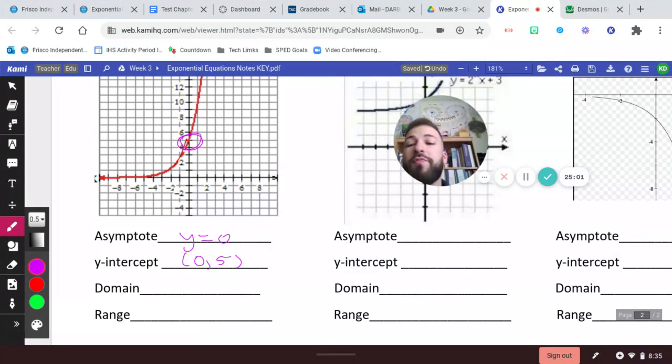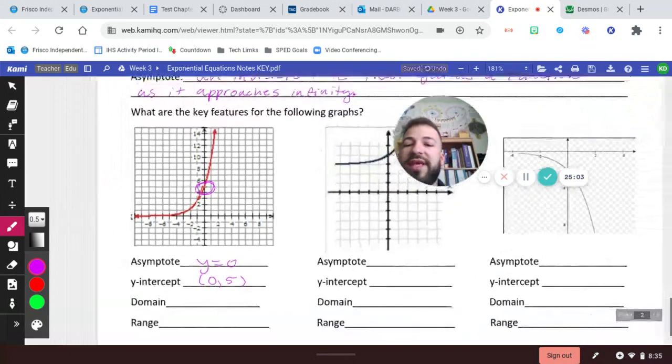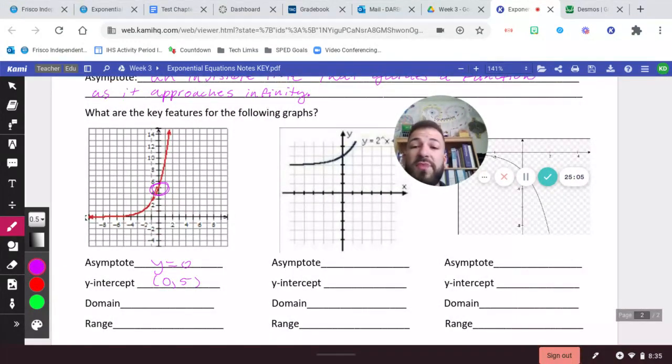Our domain, so we haven't really talked about this yet, but did we have any x values that we talked about not being able to plug in? No. If I kept going forever, even though it kind of looks like it stops off, I keep plugging in x values forever. Yes, I could plug in x being 100, x being 1,000, x being 100,000. So it's going to go forever in the positive direction.